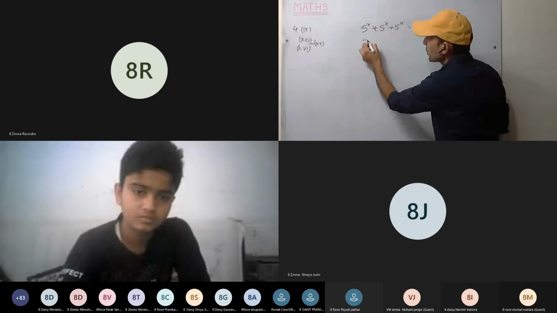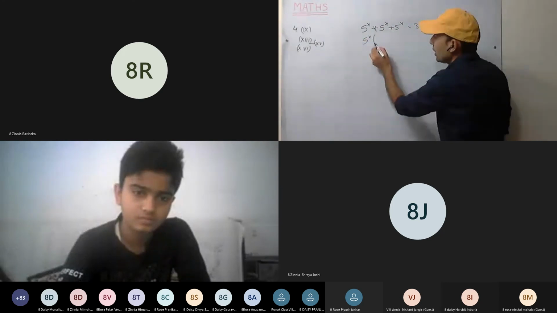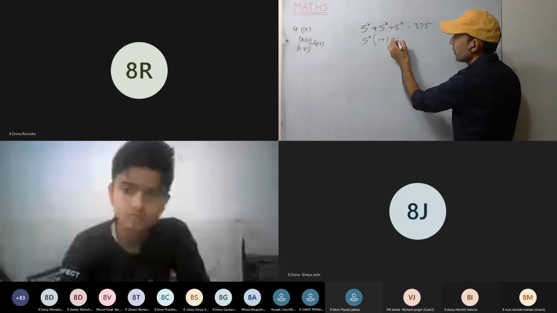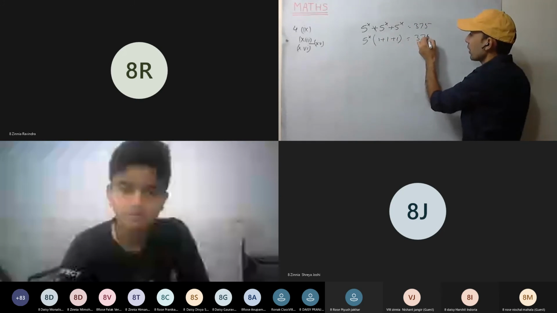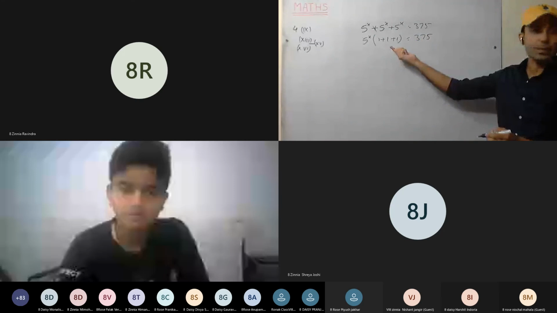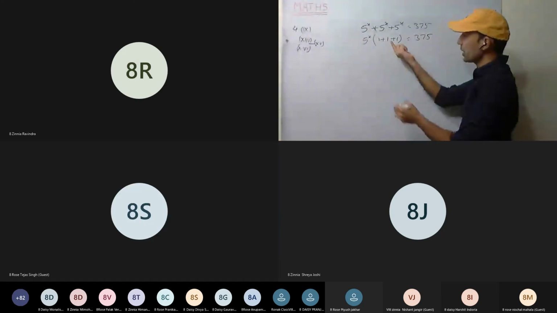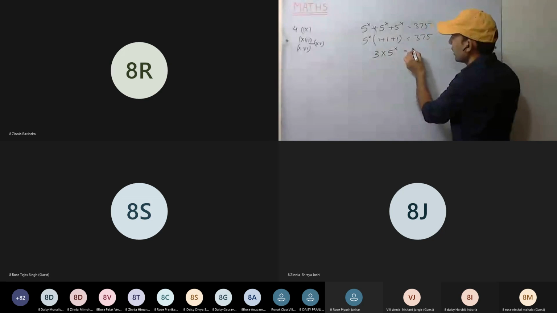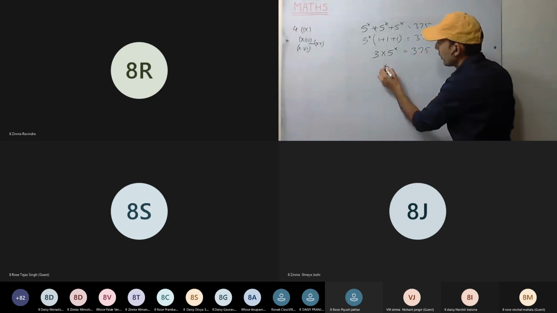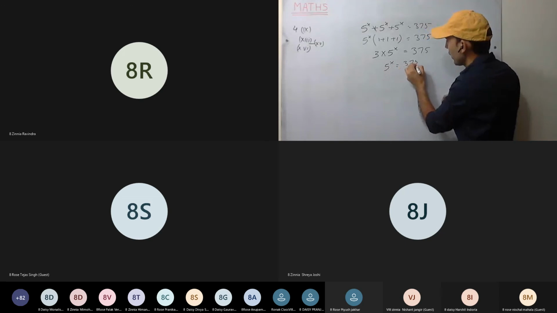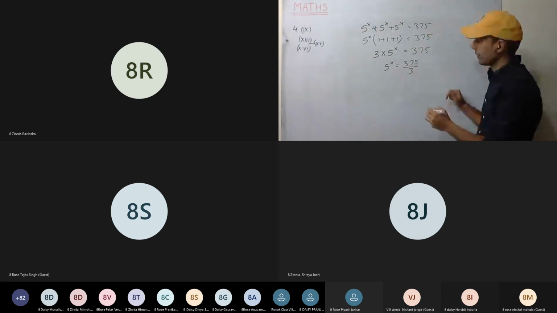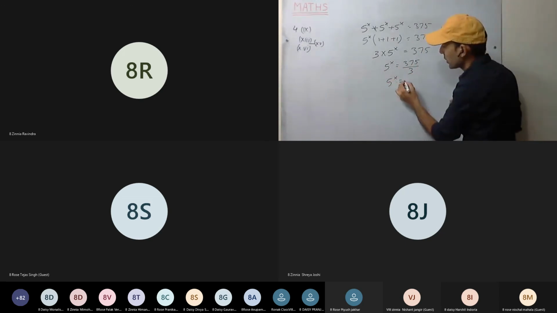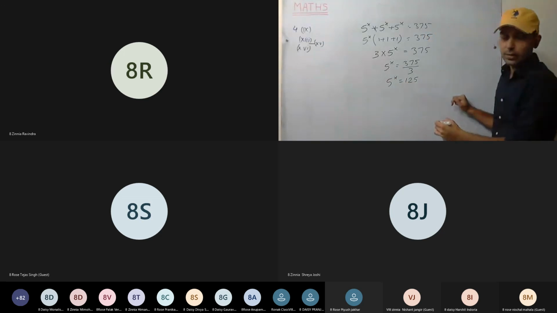So take 5 raised to power x common: 1 plus 1 plus 1 times 5 raised to power x equals 375. Is this step clear? Or you can avoid this step and simply write it as 3 into 5 raised to power x equals 375. So 5 raised to power x equals 375 divided by 3, and 5 raised to power x equals 125.